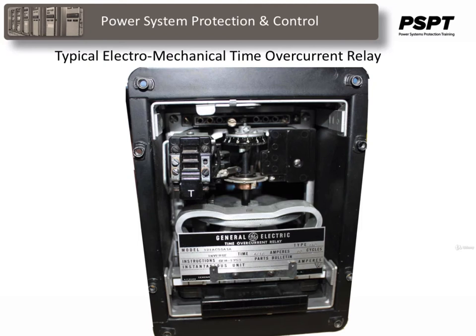So the test set was configured such that once contact was made, the current flowing into the current coil was disconnected and the relay was allowed to reset.